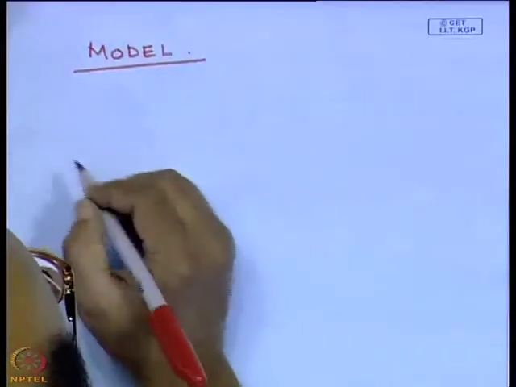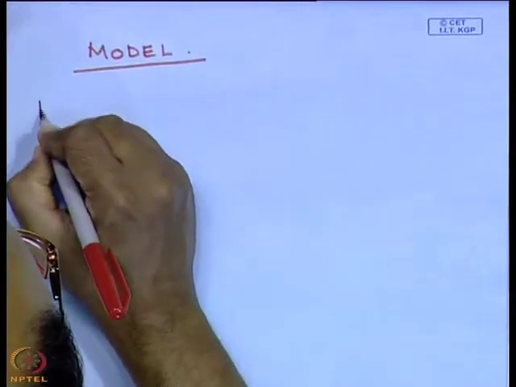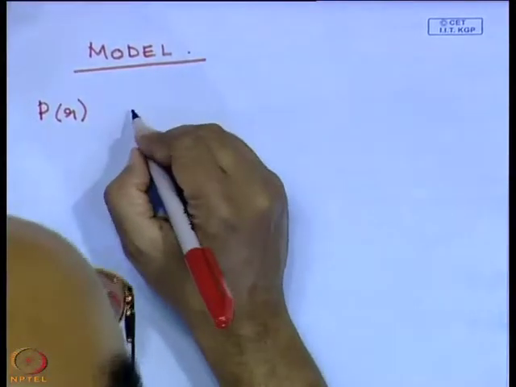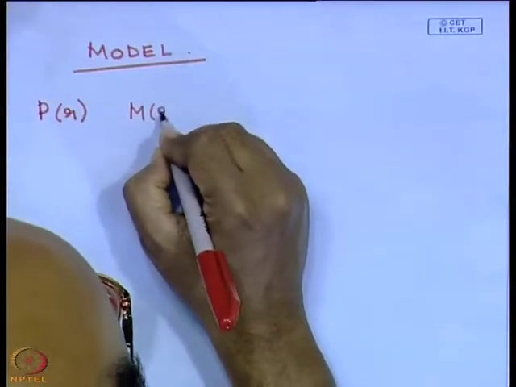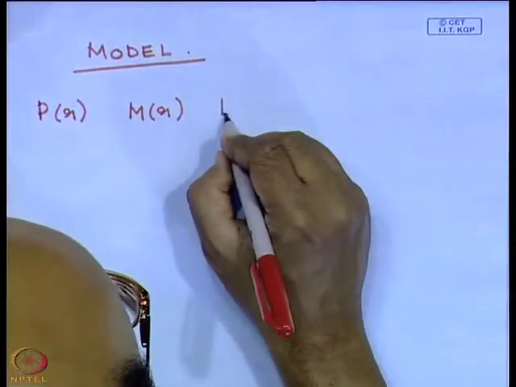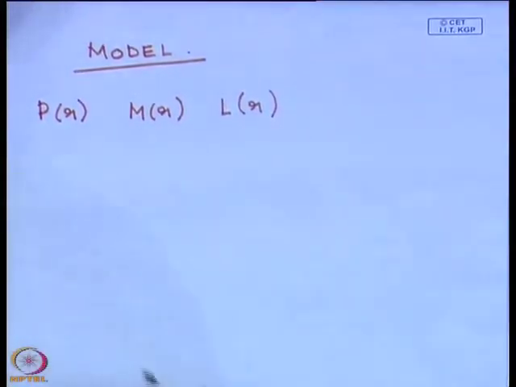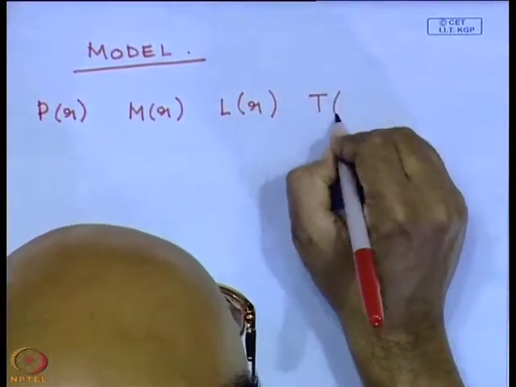We had one equation for the pressure as a function of r, the second equation is for the mass as a function of r, the third equation is for the luminosity as a function of r, and the fourth equation is for the temperature as a function of r.